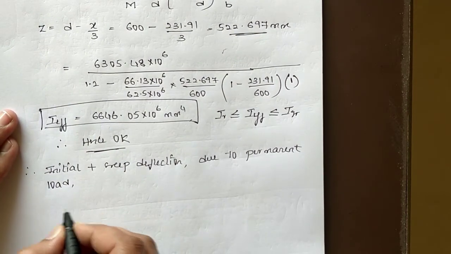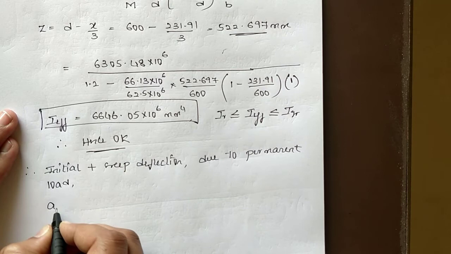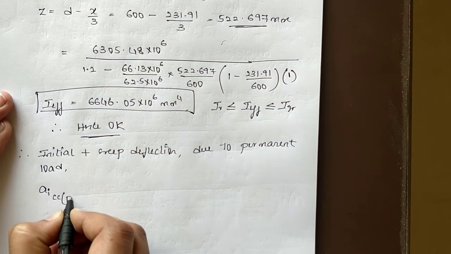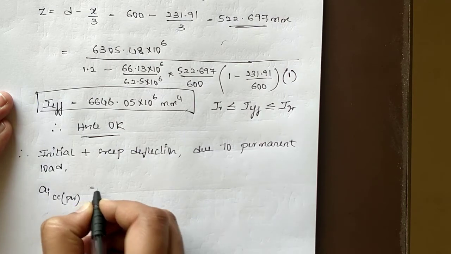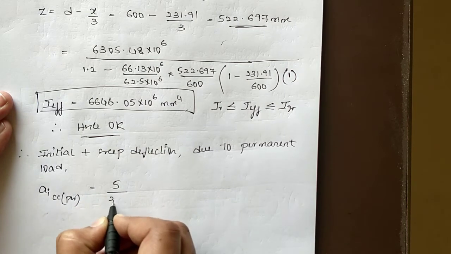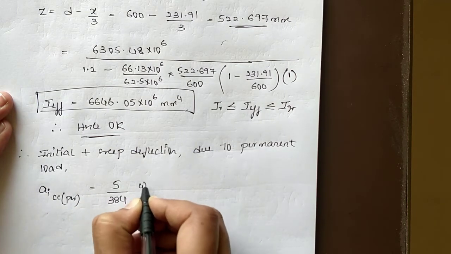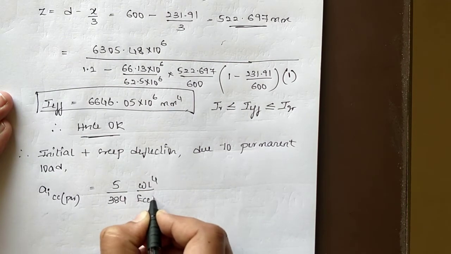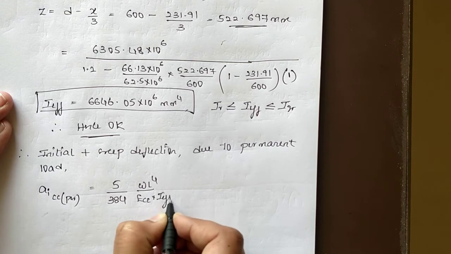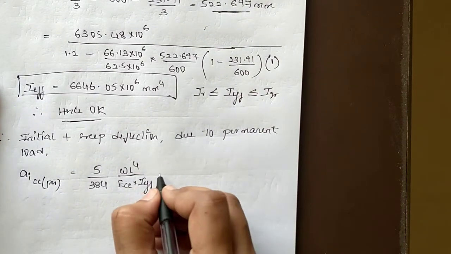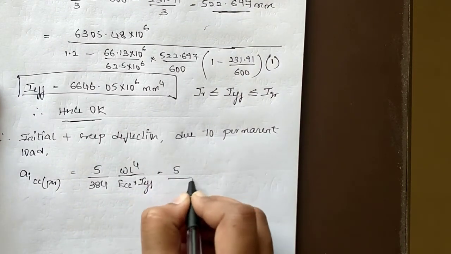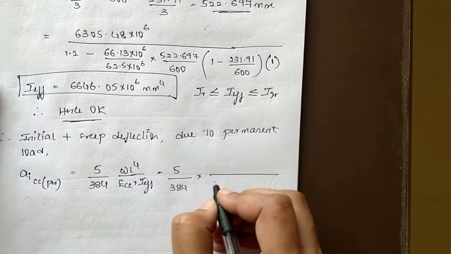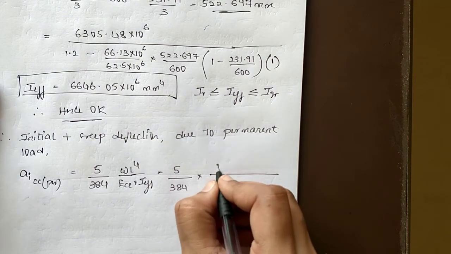It is given by, that is, delta ICC permanent will be equal to 5 divided by 384 WL to the power of 4 divided by EC into I effective.